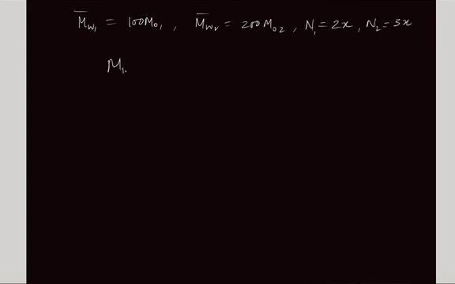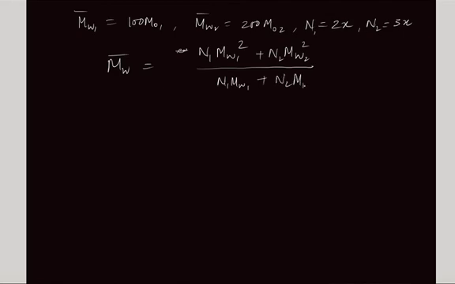So the Mw average will be equal to N1 Mw1 square plus N2 Mw2 square divided by N1 Mw1 plus N2 Mw2.